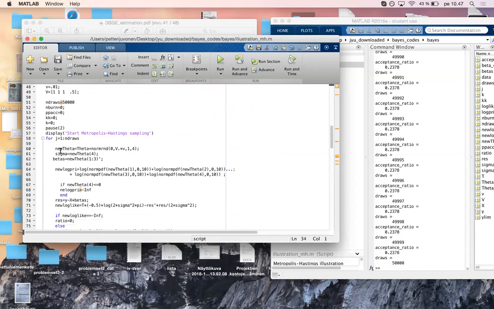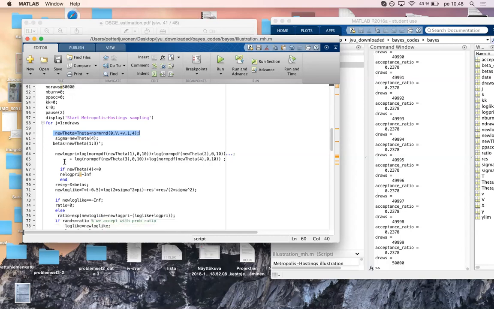So when we have starting values, we obtain new theta, which consists of these intercept, AR1 and AR2 parameters, and then the variance parameter.